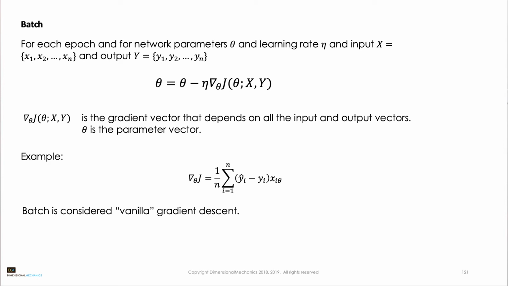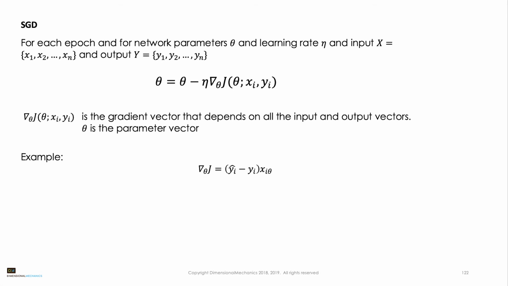You take essentially all of your data. This is a gradient vector that depends on all of the input and output vectors. The way it's calculated is you take the sum over all of the expected outputs and the real outputs, and calculate the average, and that gives you the delta for batch training.